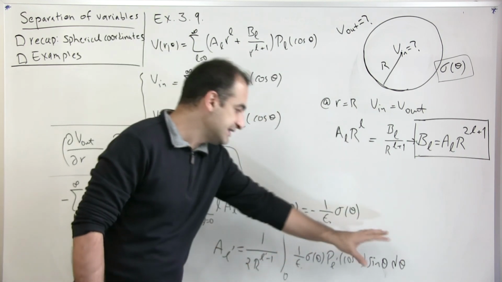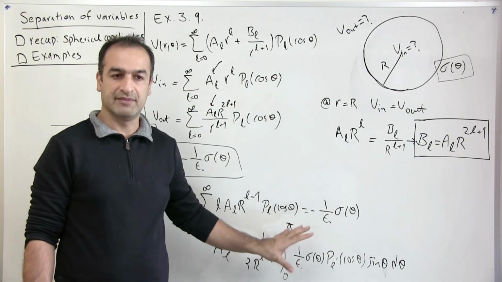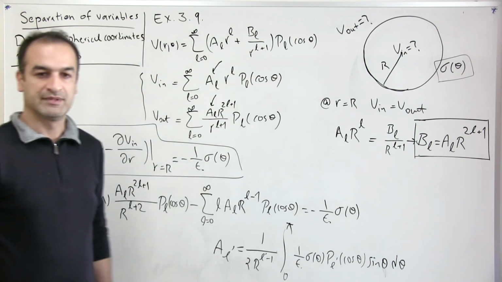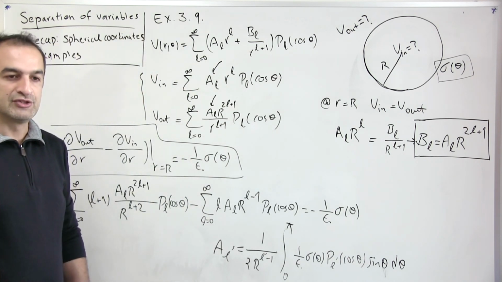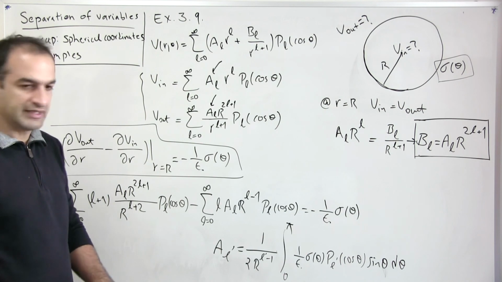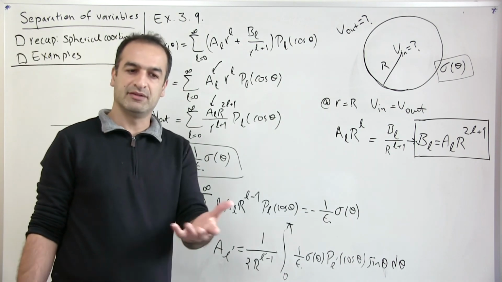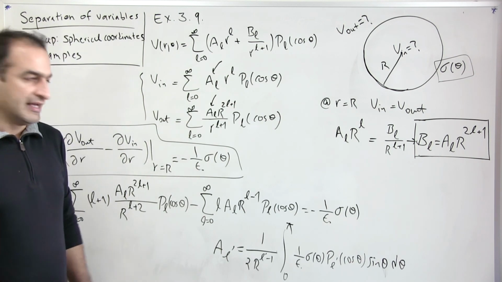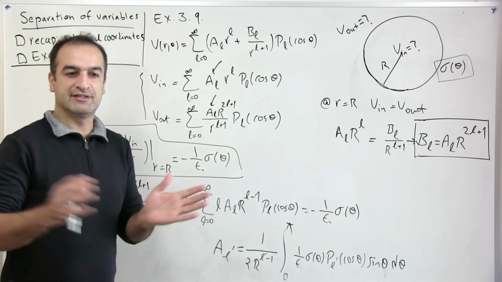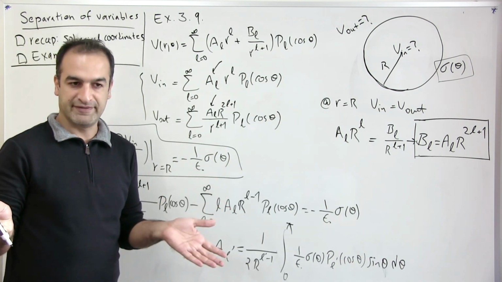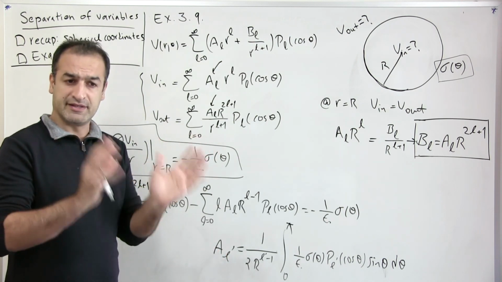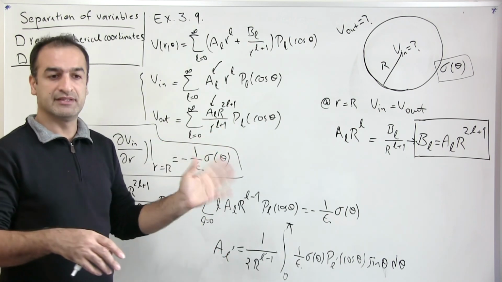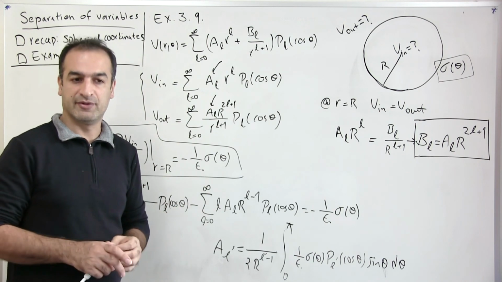And with that, this integral can be calculated and simplified further. Sounds good? So we are out of time. I don't want to go through that special case, but it's simple. You can look at example 3.9 in the textbook. And with this example, we finished the discussion of the separation of variables. We looked at the Cartesian coordinates, and now we completed the examples for the spherical coordinates.